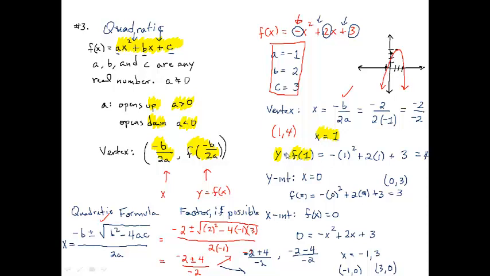The only difference is now, if I have to solve for x, I have another choice, and it's called the quadratic formula. Make sure you have this in your memory. It's very important because you can always use the quadratic formula. You don't always have to factor. It's very simple to pull out a, b, and c and plug it into your quadratic formula if you're not sure about factoring. All right, let me know if you have any questions.